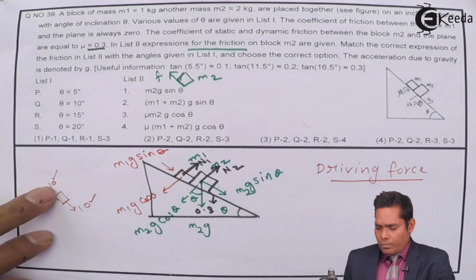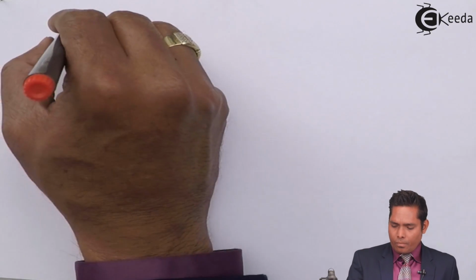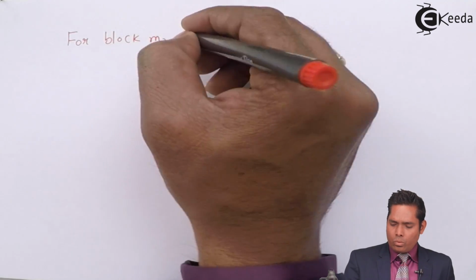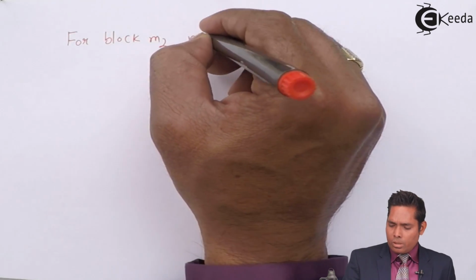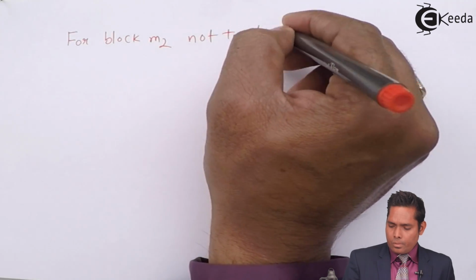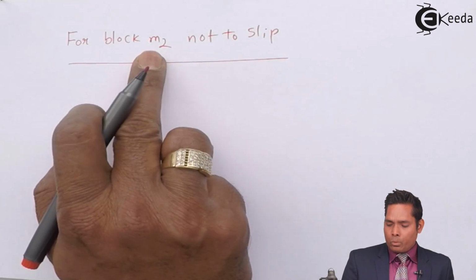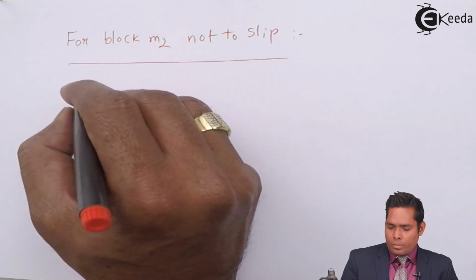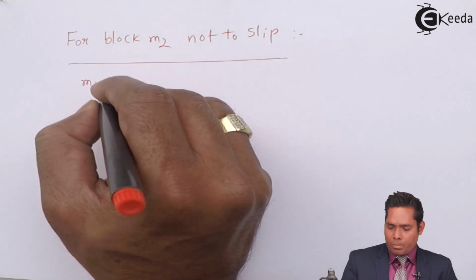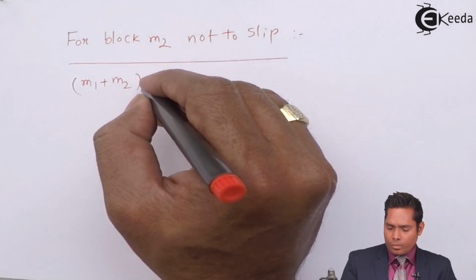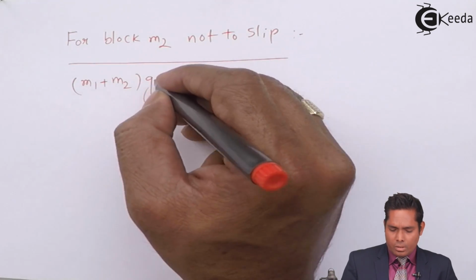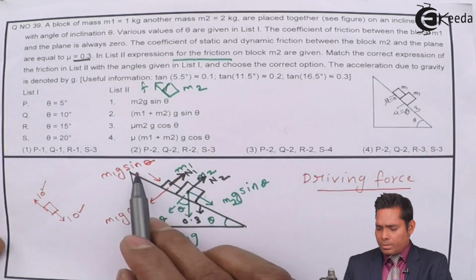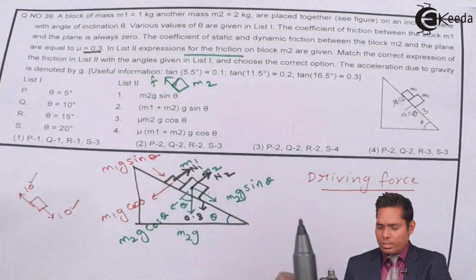So I'll write for block M2 not to slip, what we have is that the driving force, that is (M1 plus M2) g sine theta, because you can see this force and this force, this is a combination of these two forces which is driving this.